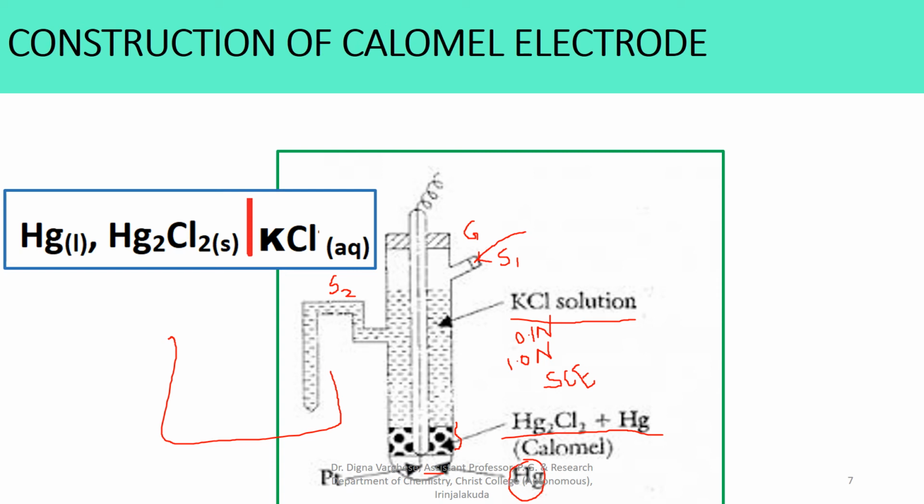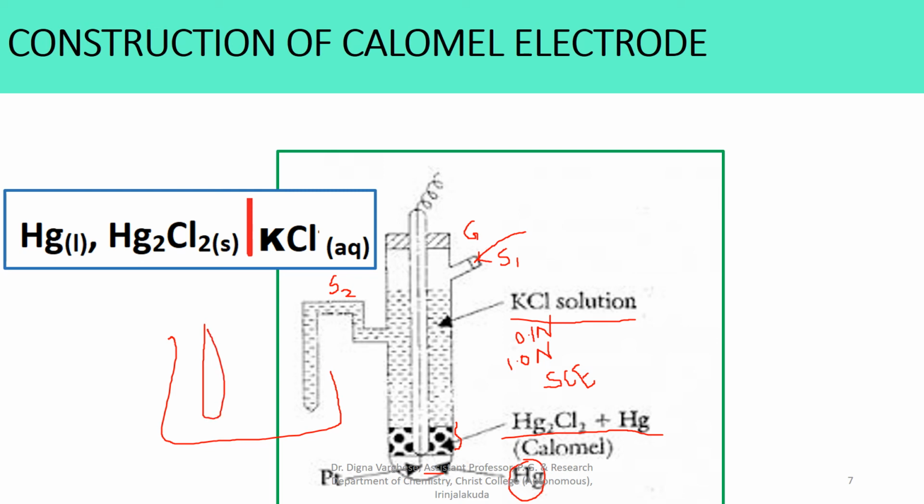By coupling this unknown potential electrode with this Calomel electrode, whose potential is known according to the concentration of the potassium chloride solution, we can measure the potential of the unknown electrode.